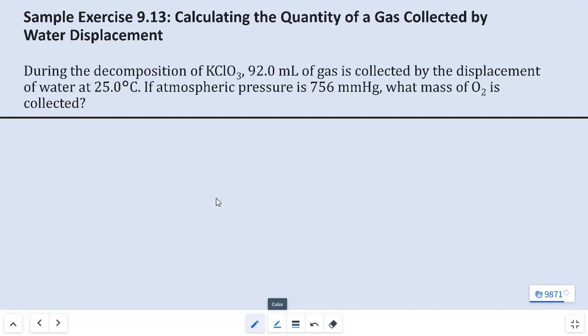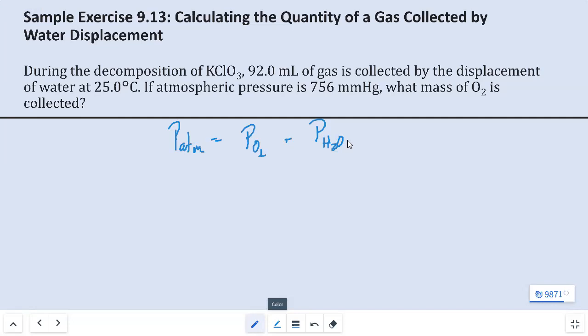Now, the piece of information that we are missing here is we know that the atmospheric pressure is going to be equal to the pressure of the oxygen that we're interested in, plus the pressure of the water vapor, which we are not interested in.